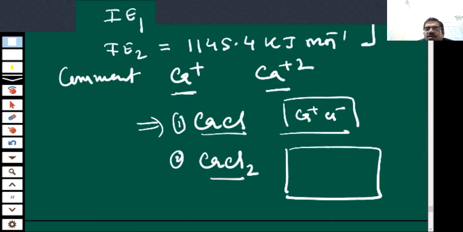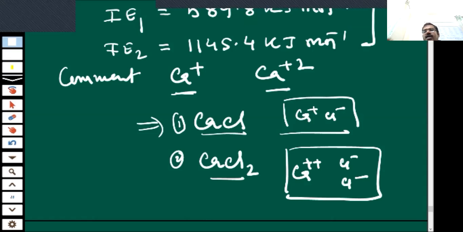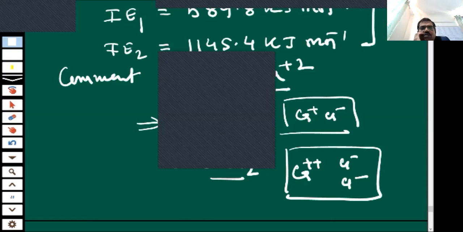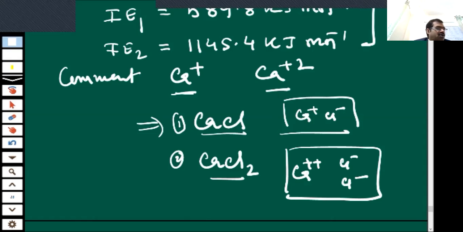This is another molecule, Ca is having 2 plus and having 2 Cl minus. Open the molecule and see nicely what is happening. Good, very nice. So this type of application of ionization energy can be done, children.